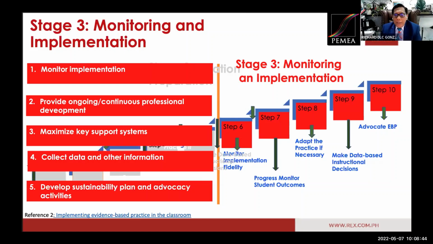Just make sure that you only use social media for correct news. You don't report fake news about your EBPs.